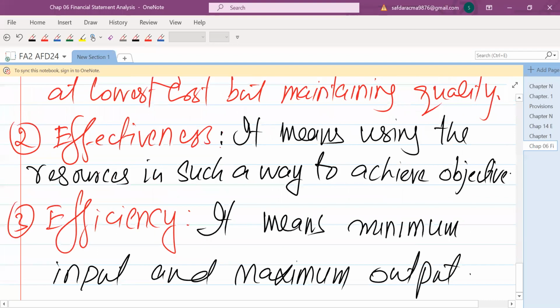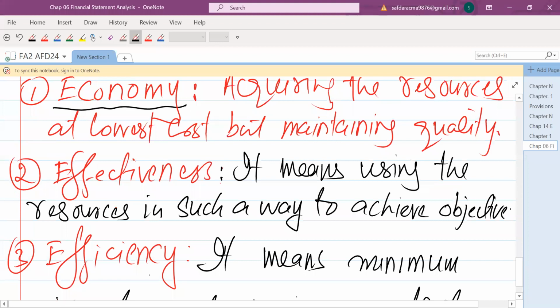If you are achieving economy and efficiency but not effectiveness, it means that you are not achieving your objectives. So you have to achieve economy, effectiveness, and efficiency, all three at the same time. Then your non-profit organization is doing good.